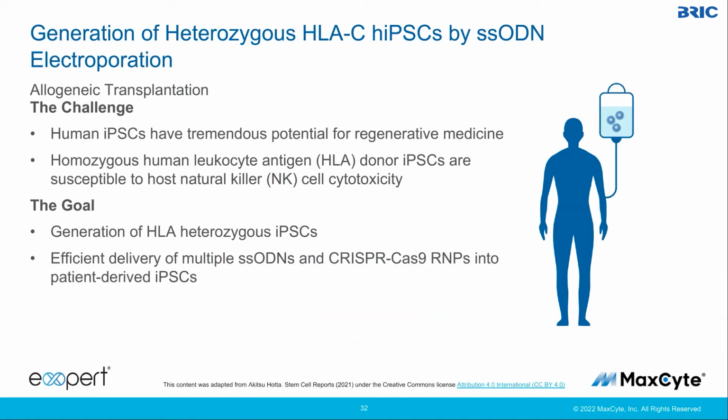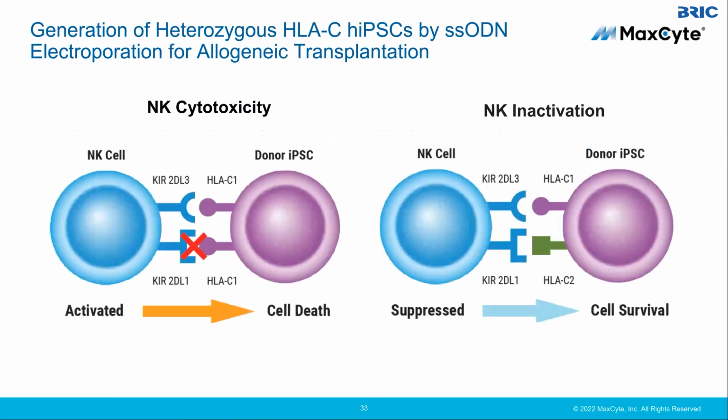So a PhD student at the time in Akitsu's lab, Huaiging Zhou, came up with a strategy to generate HLA heterozygous iPSCs. The way to do this was to deliver multiple SSODNs into the cell at the same time. This is what's going to happen if you use a homozygous donor iPSC, which mismatches with one of the KIR receptors.